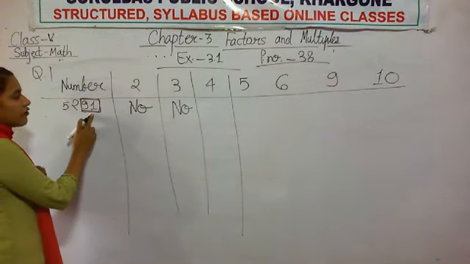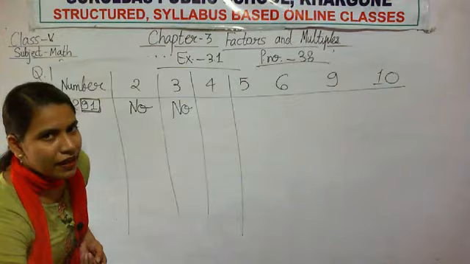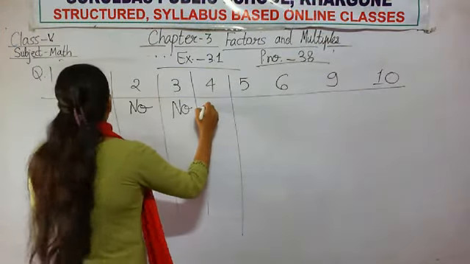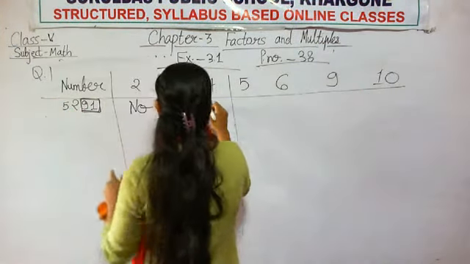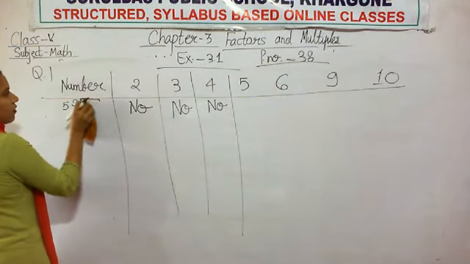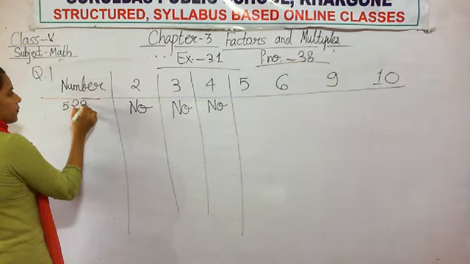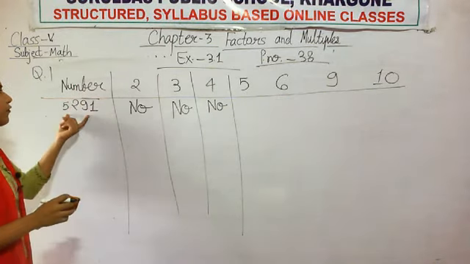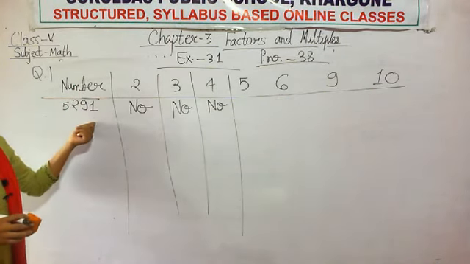Here 91 is not divisible by 4, so the whole number 5291 is not divisible by 4.